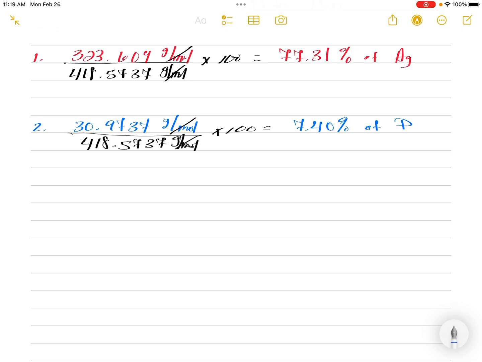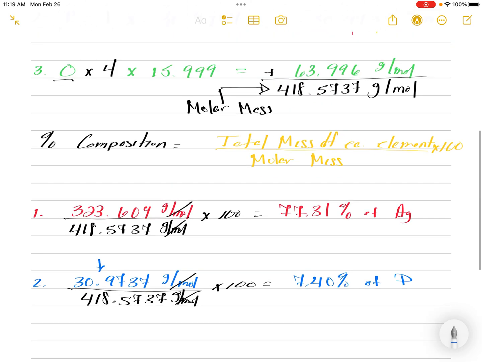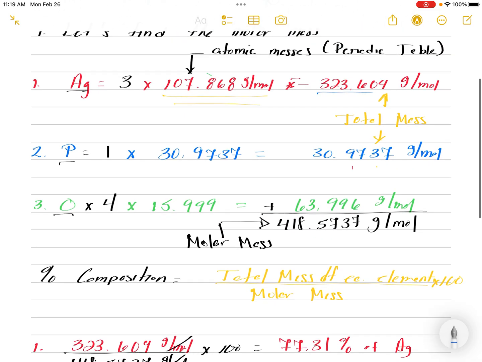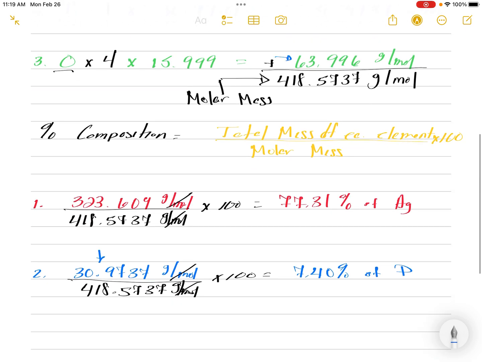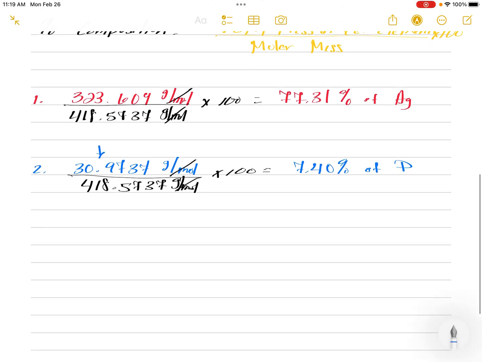Now, where am I getting these numbers? From here. See, there's the first one, there's the second one, here's the third one. For oxygen, we're going to do 63.996 grams per mole.